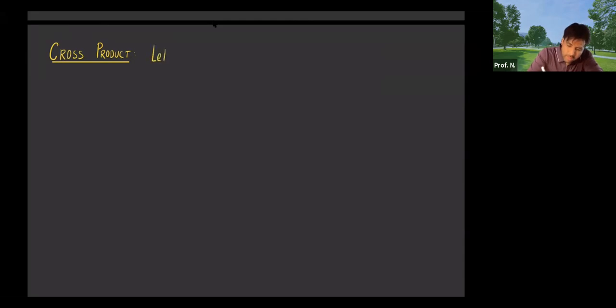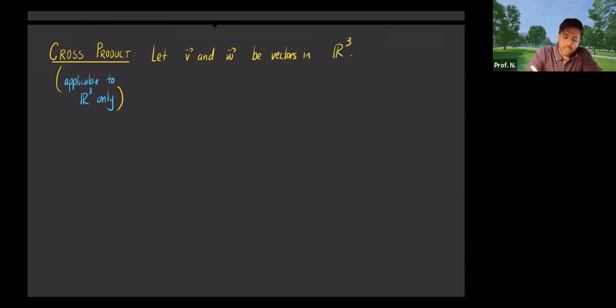So let V and W, and this cross product idea is applicable to R3 only. So let V and W be vectors in R3. So we write the cross product V cross W.